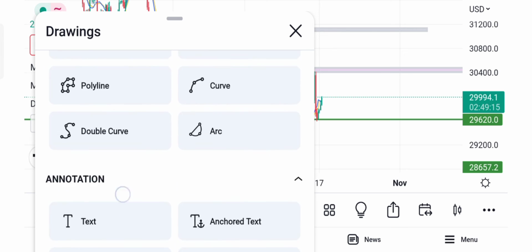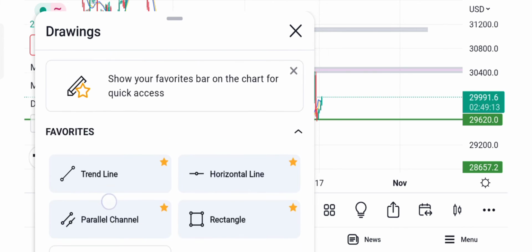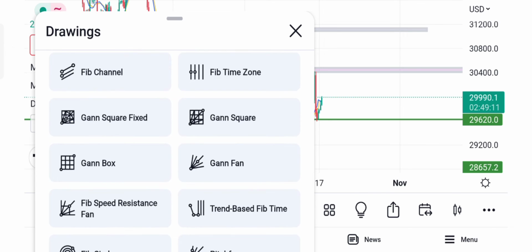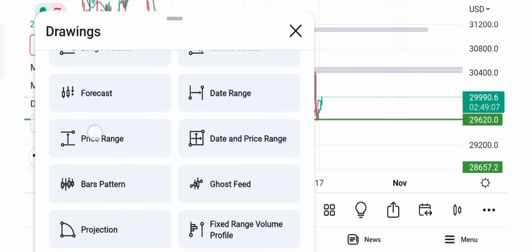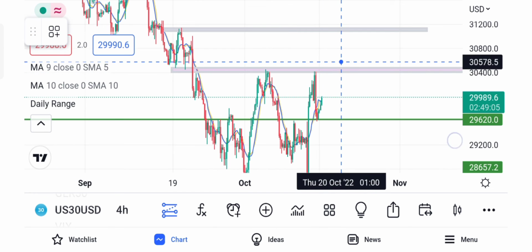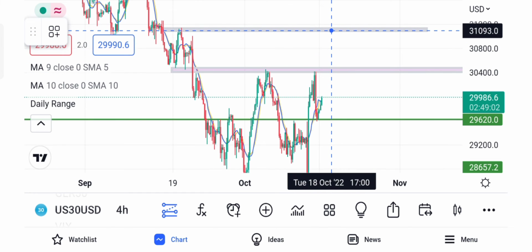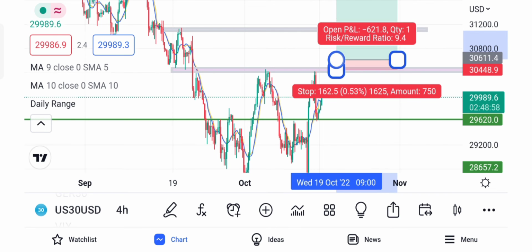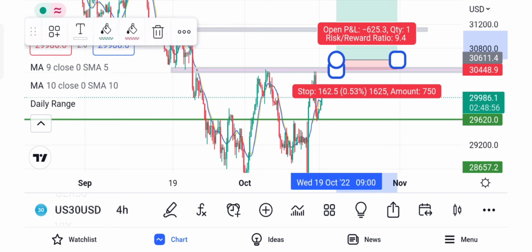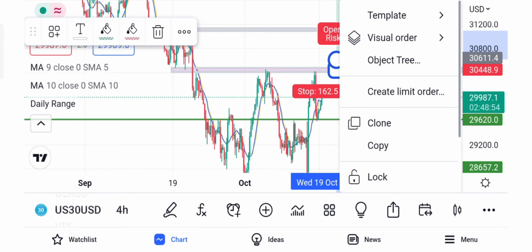I want my long position. Where is it? Okay, there we go. So this is what we have. You place your stop loss just below the level.